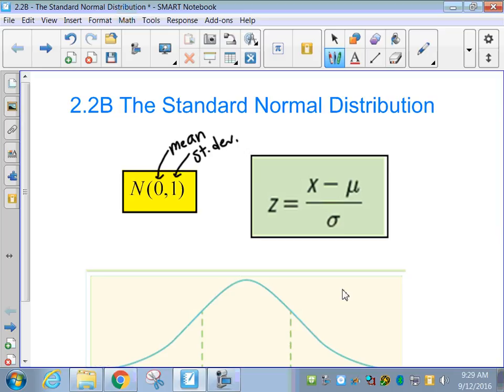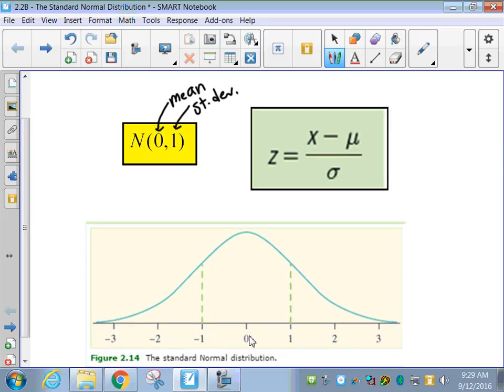So when you draw your picture of the normal curve, we've got the mean is 0. We've got 1 standard deviation above, 2 standard deviations above, 3 standard deviations above, and -1, -2, -3. So we can standardize any data and convert it to the normal curve.